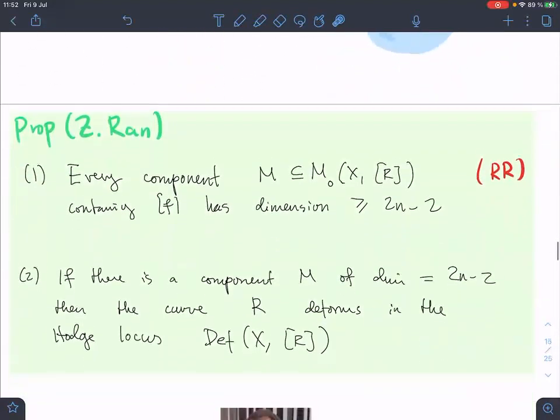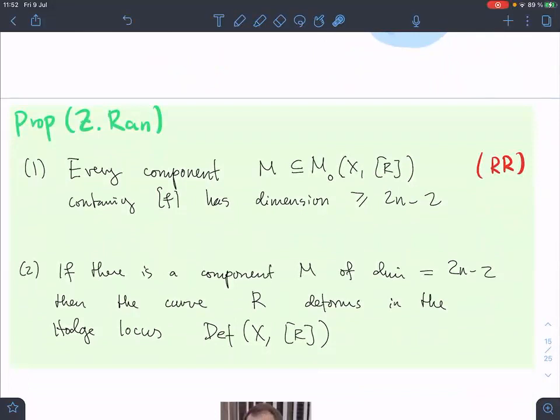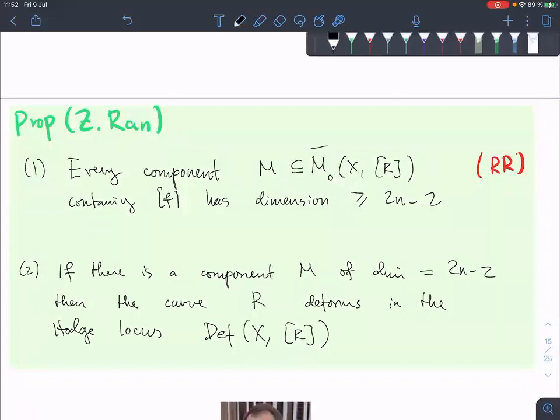And here comes a very useful statement due to Ran. The first part is sort of simple: every component of the moduli space containing this map f has dimension at least 2n-2.